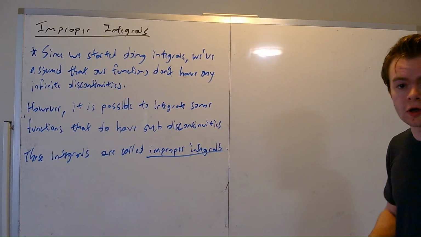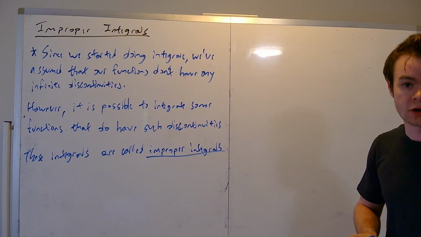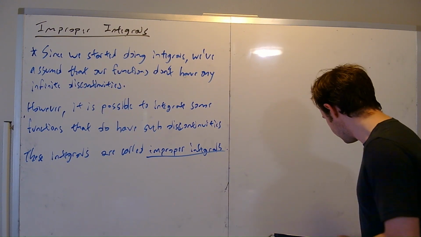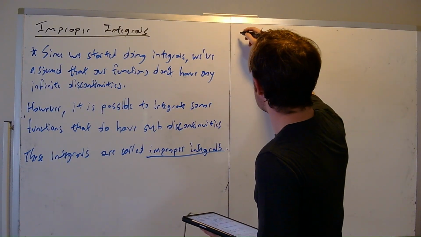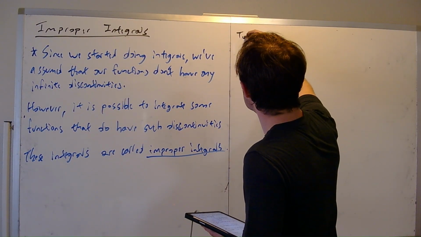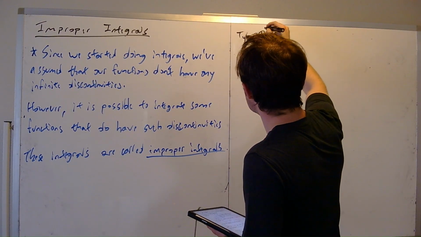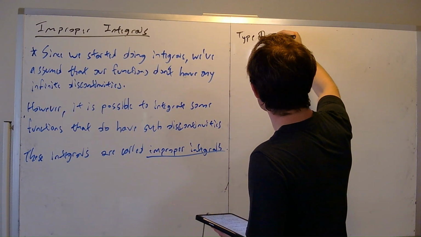And we're going to have two types of improper integrals that we're going to talk about today. So the first part of today's video is going to be about type 1, which are going to be infinite integrals.